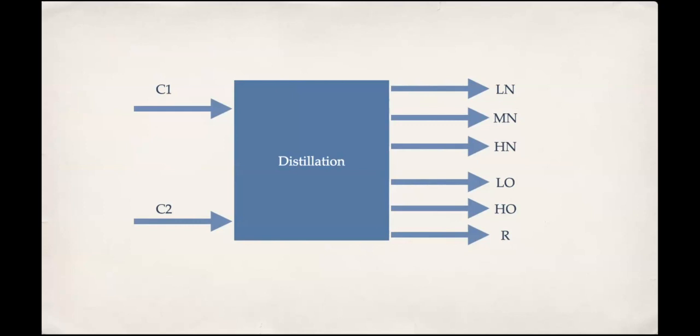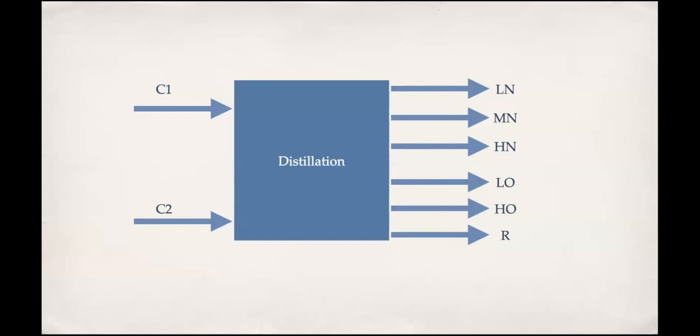The total amount of light naphtha produced from the distillation column is LN, and MN, in the same manner, stands for the amount of medium naphtha produced from the distillation column, and HN stands for heavy naphtha.